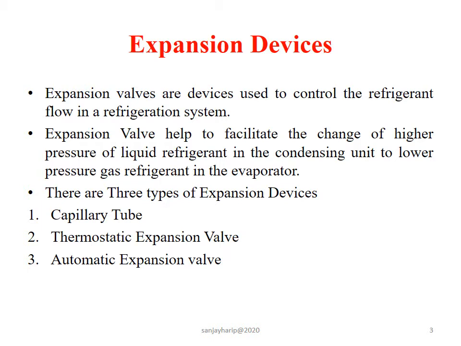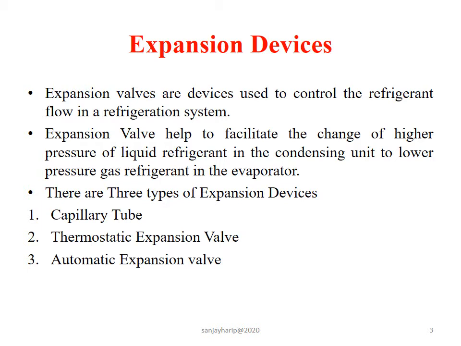Expansion valves are the devices used to control the refrigerant flow in a refrigeration system. The expansion valve helps to facilitate the change of higher pressure liquid refrigerant in the condensing unit to lower pressure gas refrigerant in the evaporator.